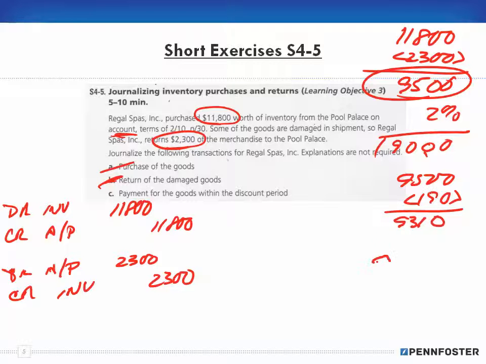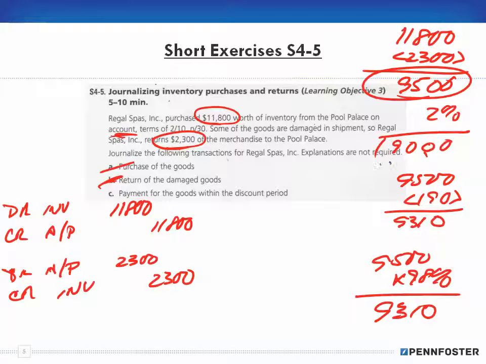Or I could have just taken the 9,500, and since I'm paying the full amount, well, 100 minus 2% is 98%, so I could have just multiplied by 98% and come up with 9,310 also. Either way's fine, the way you do it. You can either do it this way, or you can do it this way. Right? But the bottom line ends up being is now you have to make the journal entry.